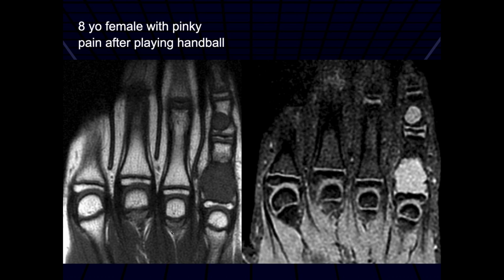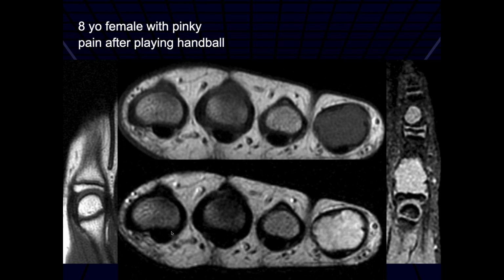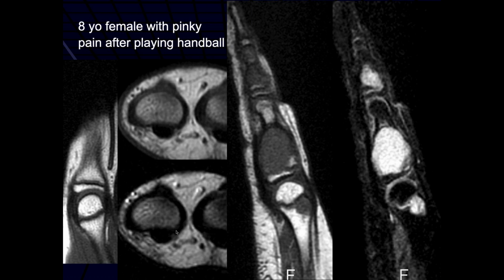All right, so this is an 8-year-old female with pinky pain after playing handball. We can see marrow replacing lesions, bright on T2, low signal on T1, mildly expansile within the proximal and intermediate phalanx. The cortex is preserved. There's no soft tissue mass and no periosteal reaction.